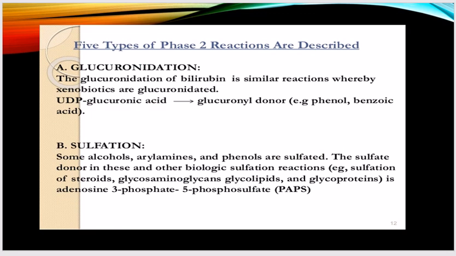There are 5 types of conjugation reactions. The first one is the conjugation with glucuronic acid. It is also known as glucuronidation. To explain this first reaction of phase 2 conjugation reactions, the best example is bilirubin.